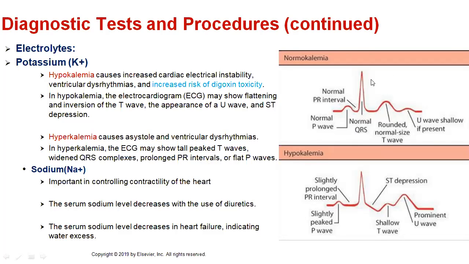Okay. What about sodium? Another important electrolyte is called sodium, right? Sodium is important in controlling the contractility of the heart. The serum sodium level decreases with the use of diuretics. So when the serum sodium level decreases, we call it hyponatremia.